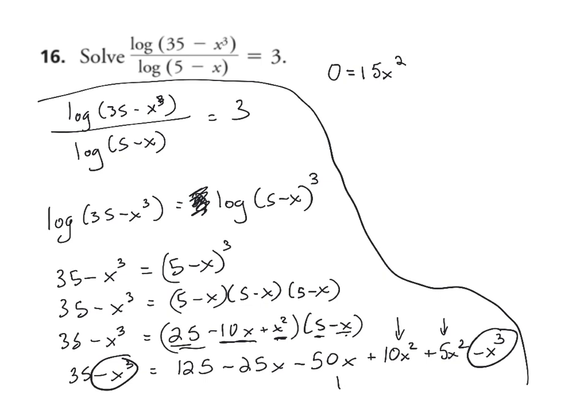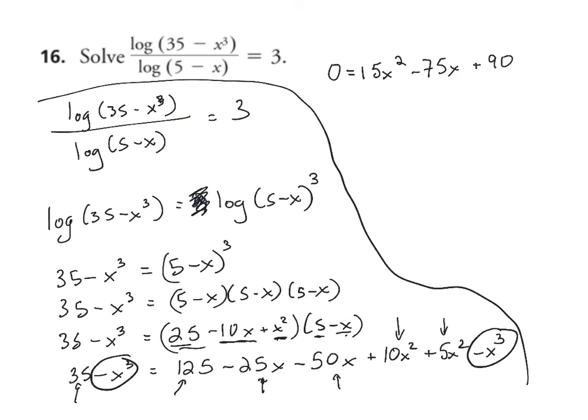We've got minus 50x minus 25x, that's minus 75x. And we have 125 minus 35, so that's plus 90.